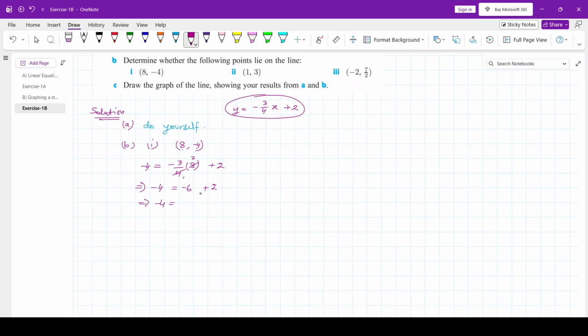That's minus 4 is equal to, and if we solve this, we get minus 4. Therefore, LHS left hand side is equal to RHS right hand side, and hence point 8, minus 4 lies on the line y is equal to minus 3 by 4x plus 2.